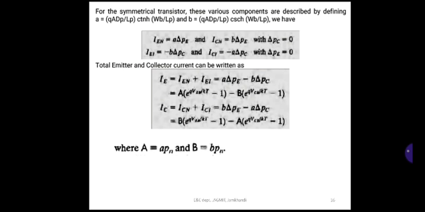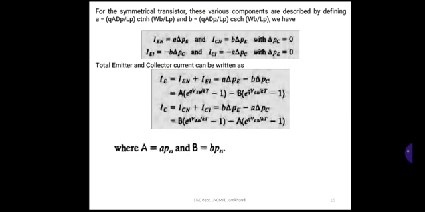Then collector current IC is the sum of the collector current in the normal mode and the inverted mode, that is ICN plus ICI. So that is equal to B into delta PE minus A into delta PC. So that is equal to B into e to the power QVEB by KT minus 1, minus capital A into e to the power QVCB by KT minus 1, where capital A is nothing but A into Pn and capital B is nothing but B into Pn.